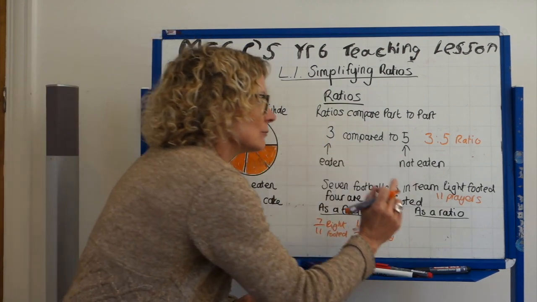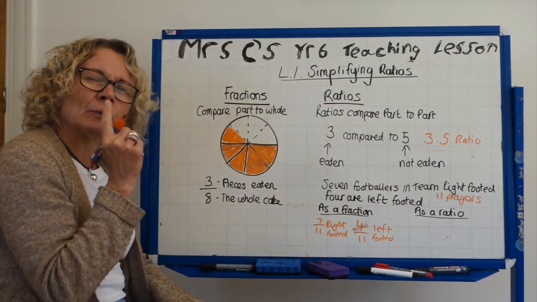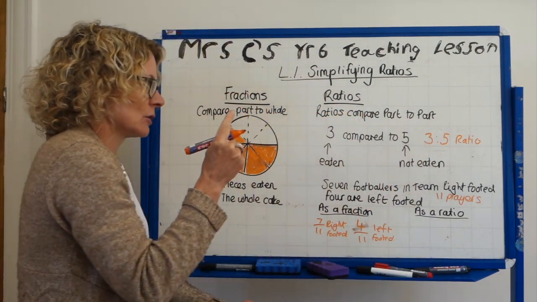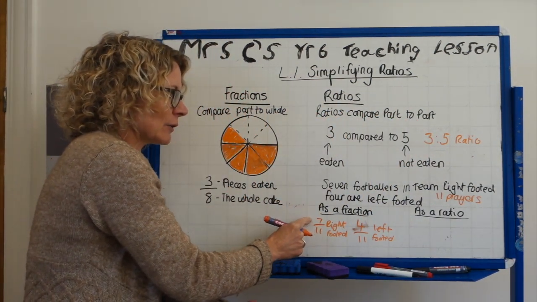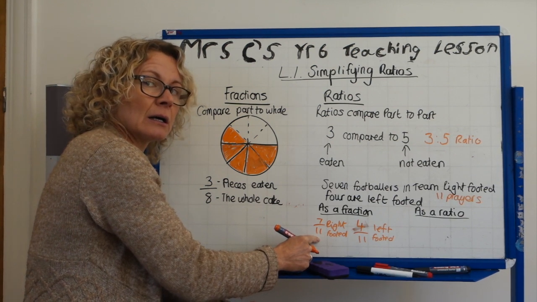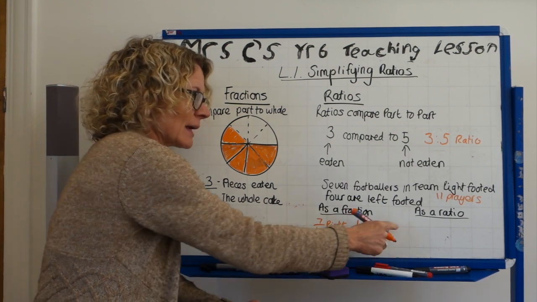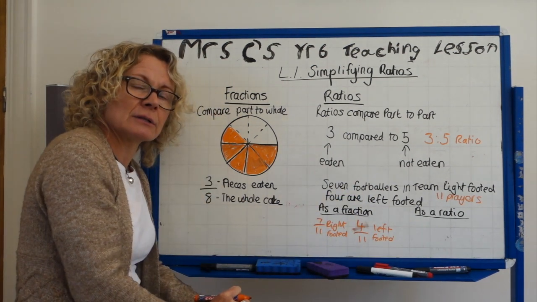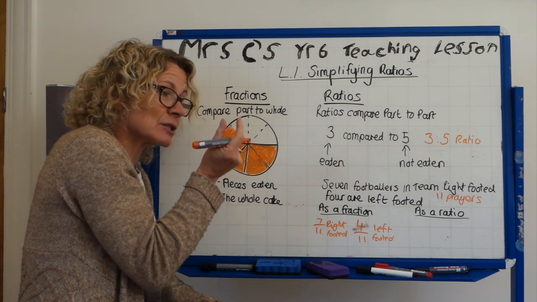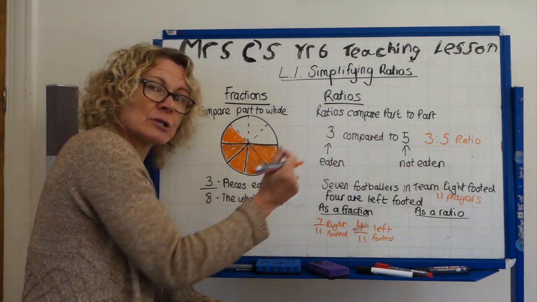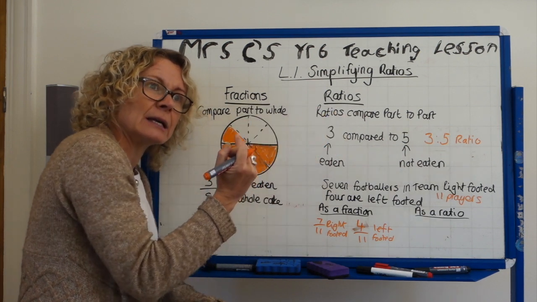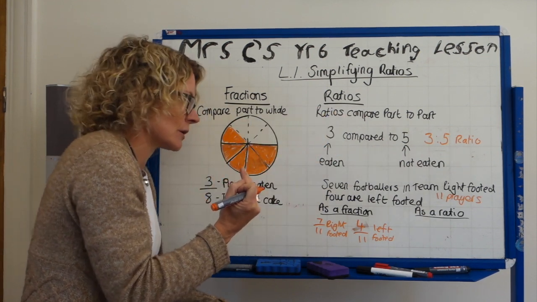If we go to the ratio, what are we going to do? We're comparing part to part. So for every 7 right-footed players, there are 4 left-footed players. Can you write it as a ratio? For every 7, you're comparing the part which is 7 to the part which is 4. Always write it the way that it comes, even if the bigger number is first, okay?